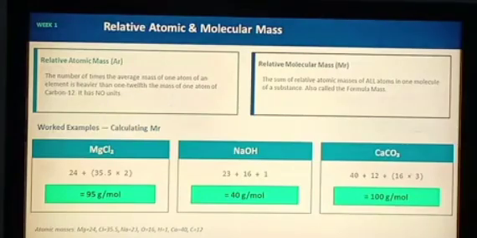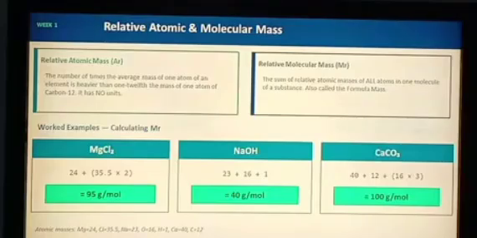Are we following now? Just as relative atomic mass is to atom, relative molecular mass is to what? Molecule. And as we all know, a molecule is a group of atoms combining. Different atoms. So in relative molecular mass, we are looking at the particles that make up what?